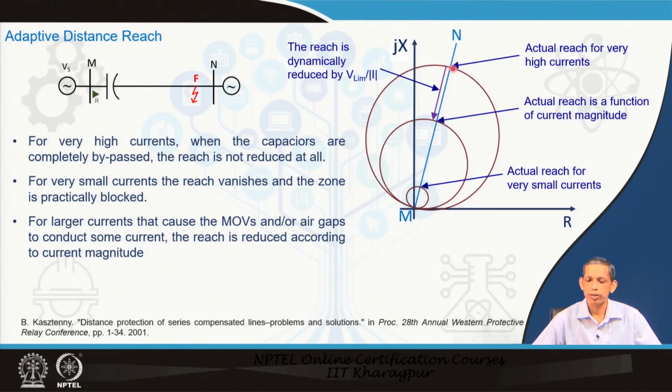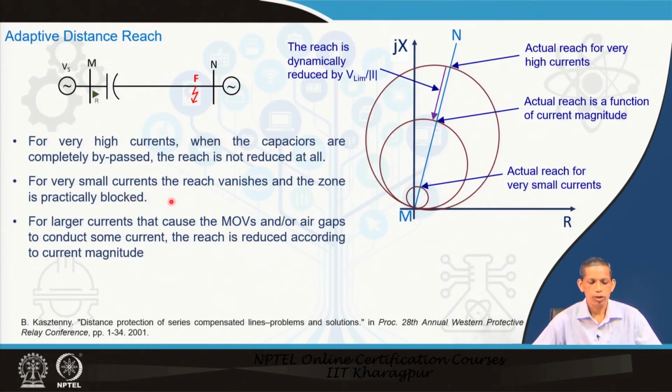If the fault current is smaller, then the x c is fully in the circuit fault loop. But if the fault current is in between the higher value and the lower value, then the setting has to be adaptive in accordance with the equation which we have used in the earlier slide. So, that is the role played here.